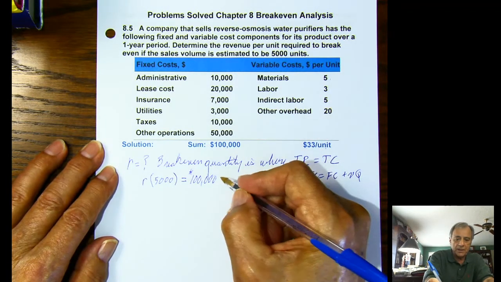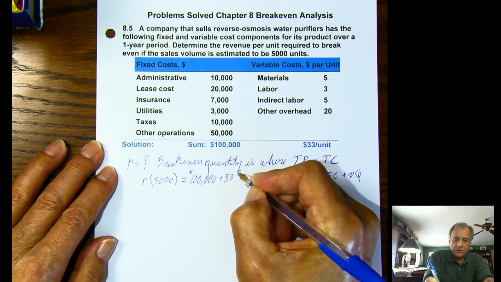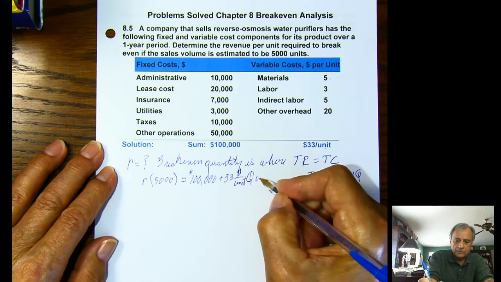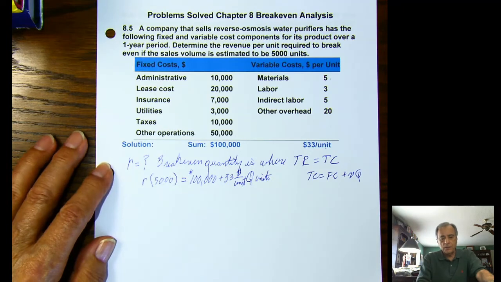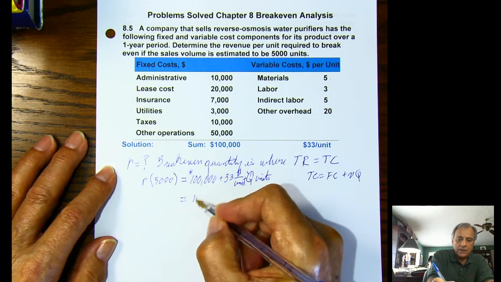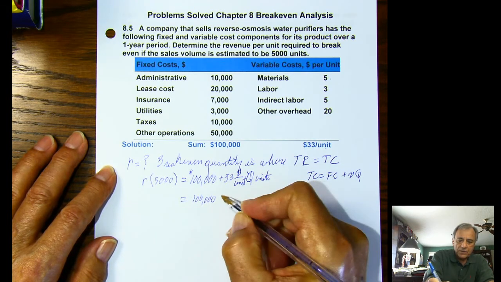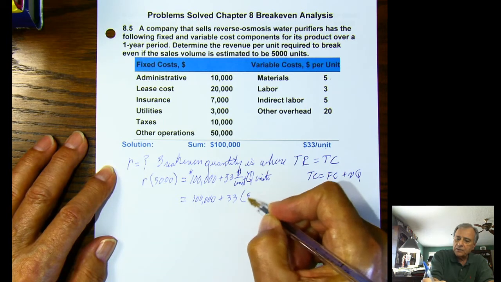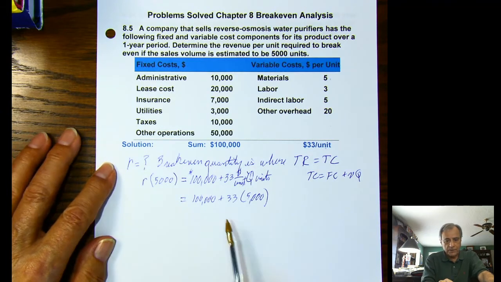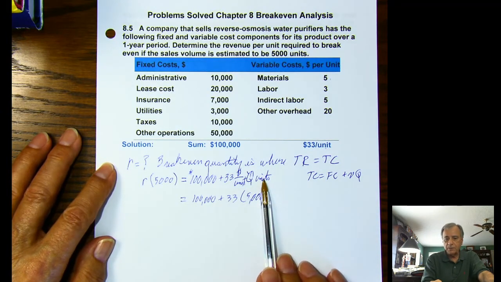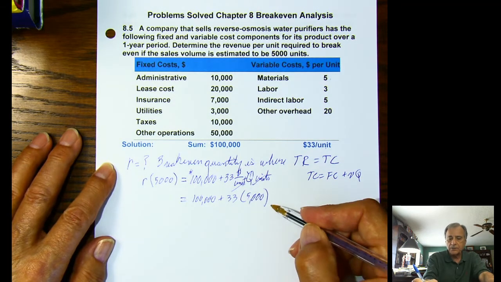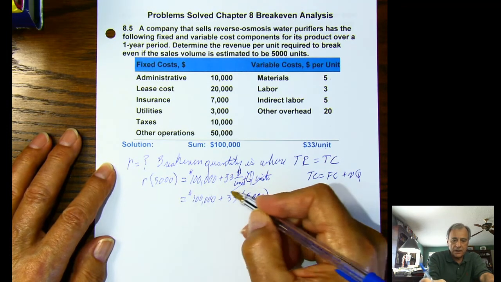So this is going to be plus $33 per unit times Q units. But Q is 5,000. So this is equal to 100,000 plus 33 times 5,000. And these are dollars, because it's dollars per unit times units. The units cancel. We'll get dollars.